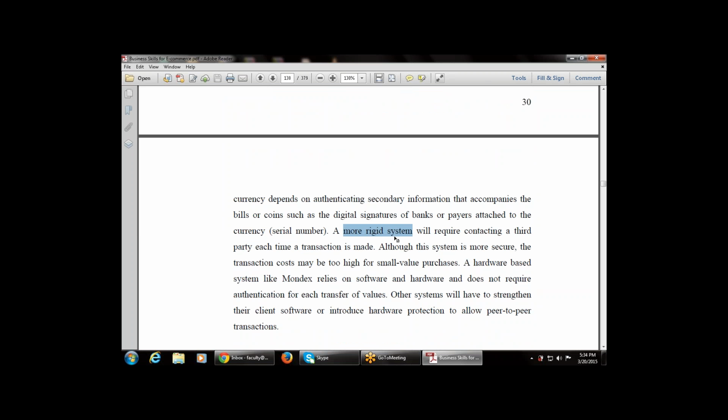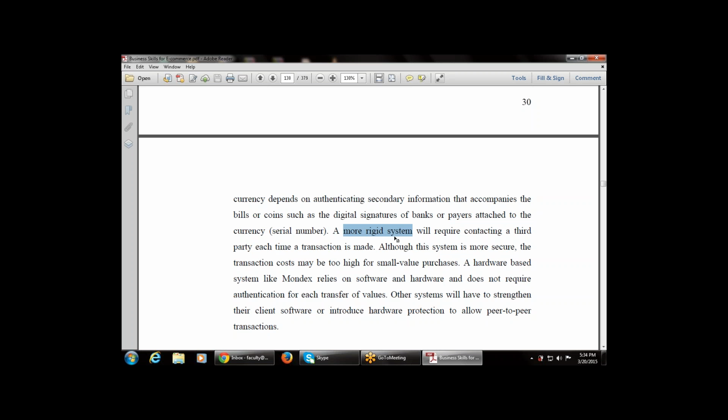Although this system is more secure, the transaction cost may be too high for small value purchases. Hardware-based systems like Mondex rely on hardware and software and do not require authentication for each transfer of value.